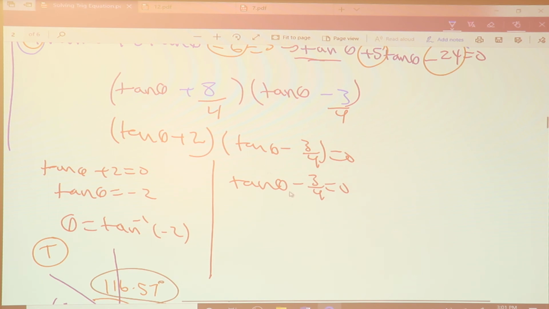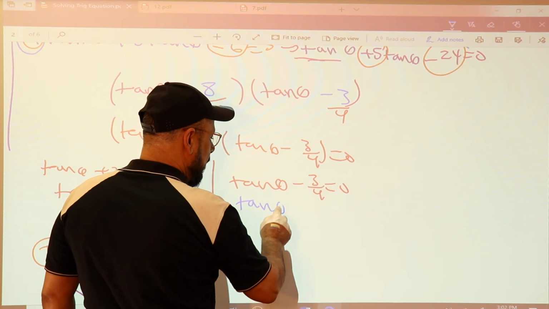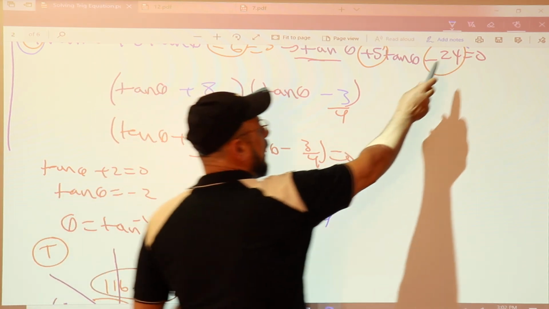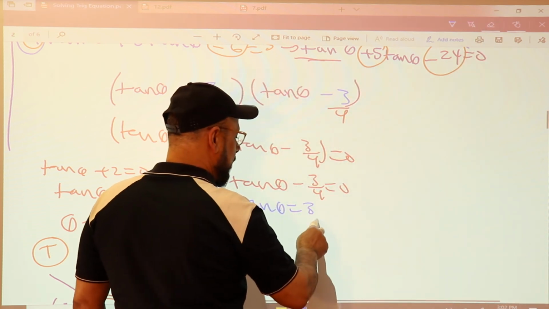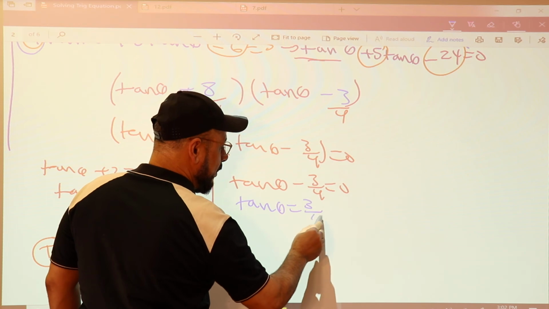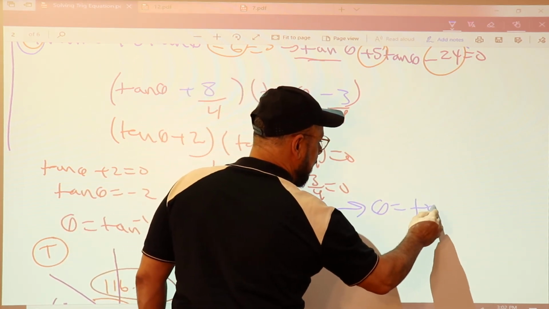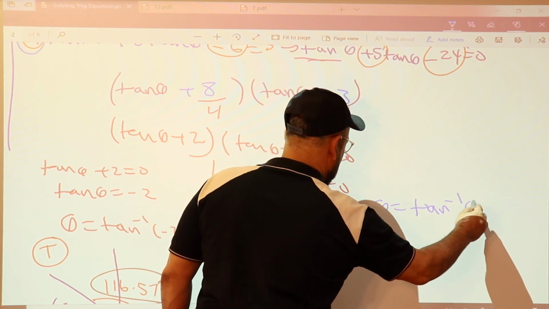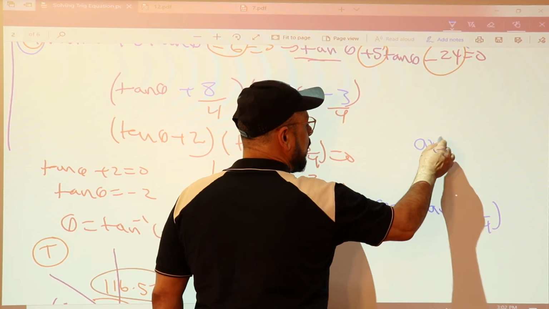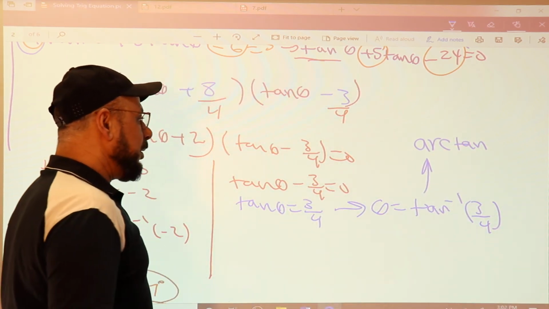Let us go to tan theta equals 3/4. What does this mean again? I explained this for you guys. Theta equals tan inverse, or what other books call arc tan. The same meaning. What angle?